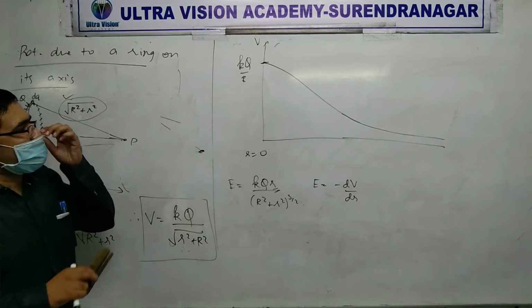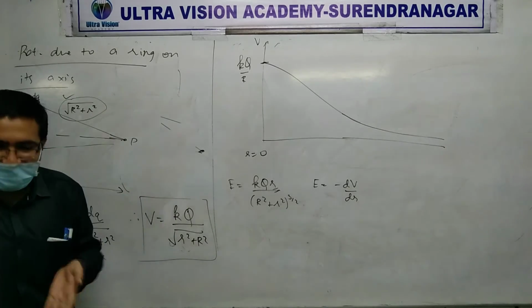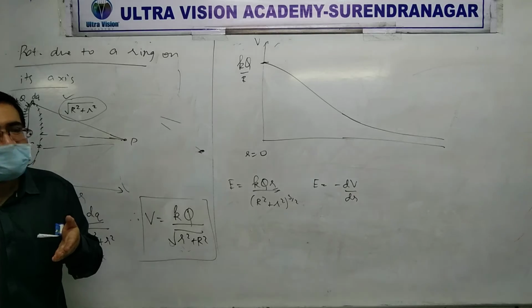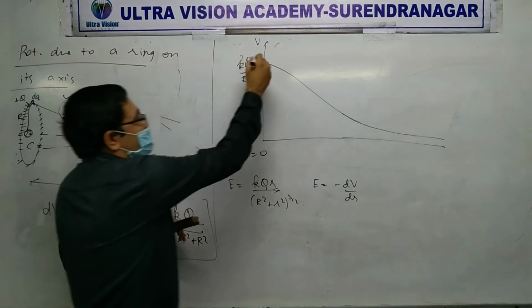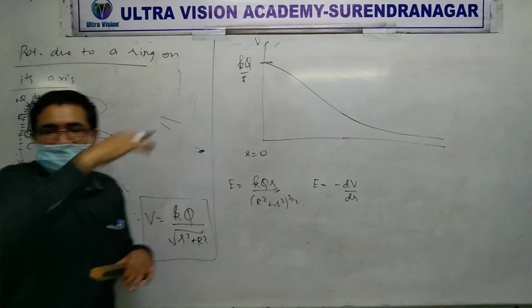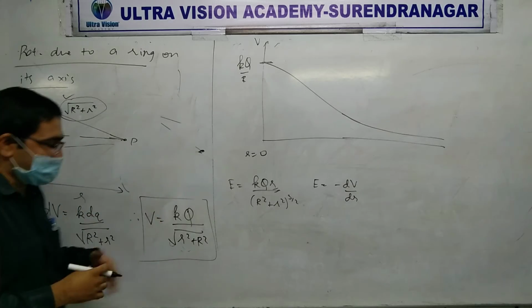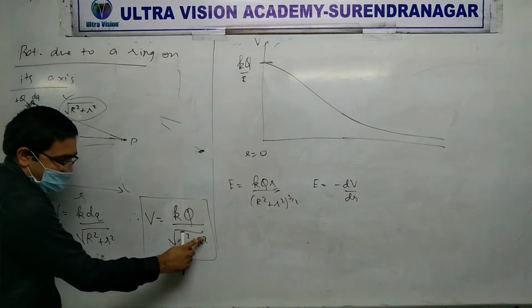So at the start the slope should be 0. The graph should start with a horizontal tangent, not an inclined tangent.